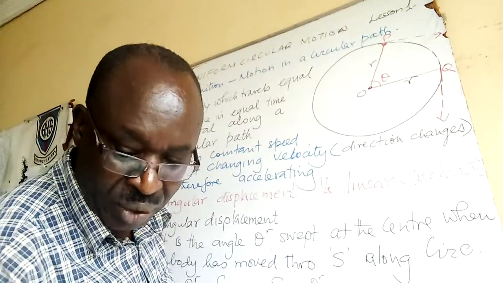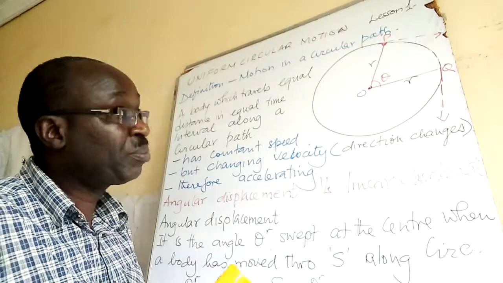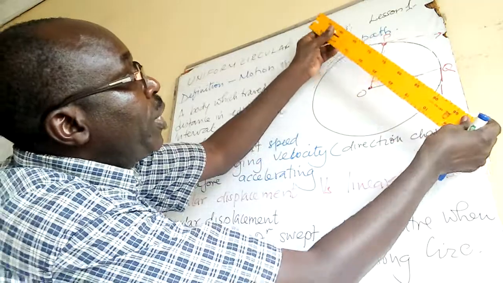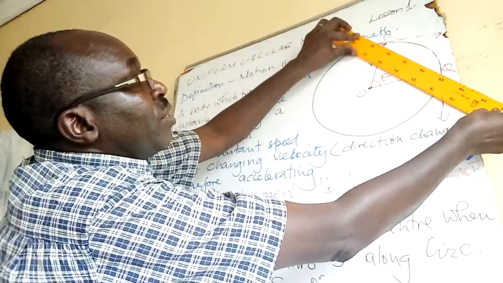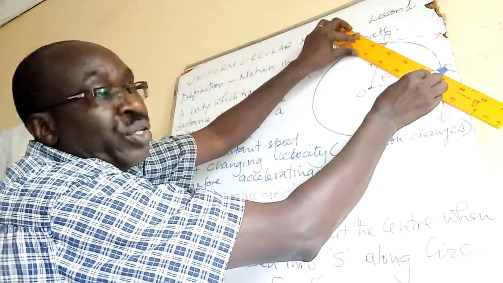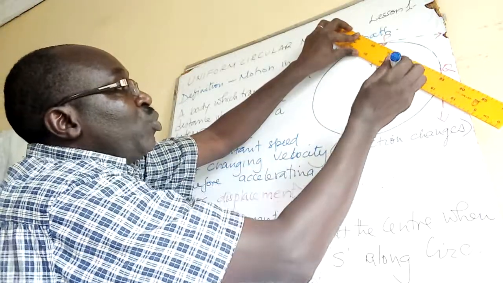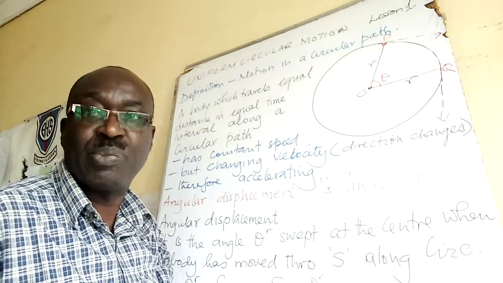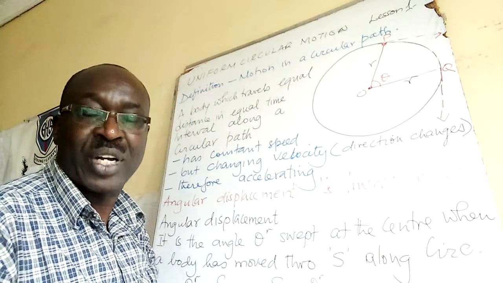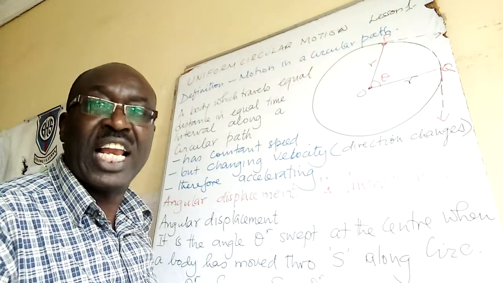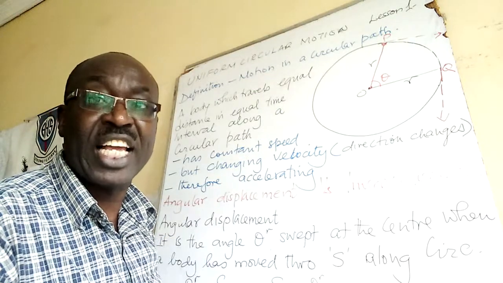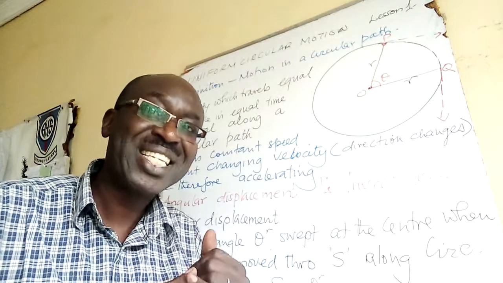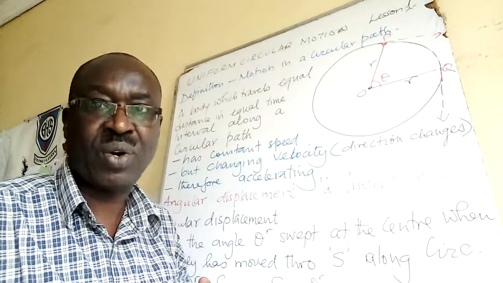Okay? Now suppose I take my ruler and measure just from P to Q straight. If I do that, I get what we call displacement. Why? It is length of path taken in a given direction. Do you remember now? Scalar quantities and vector quantities.